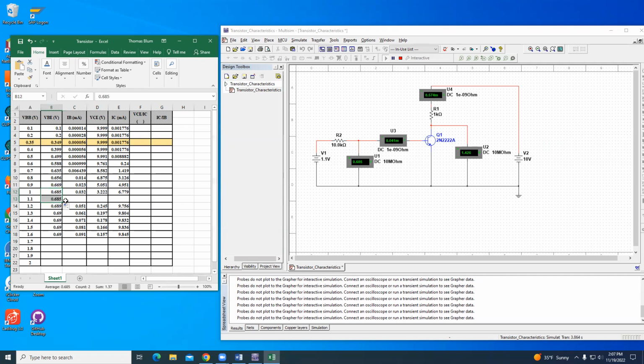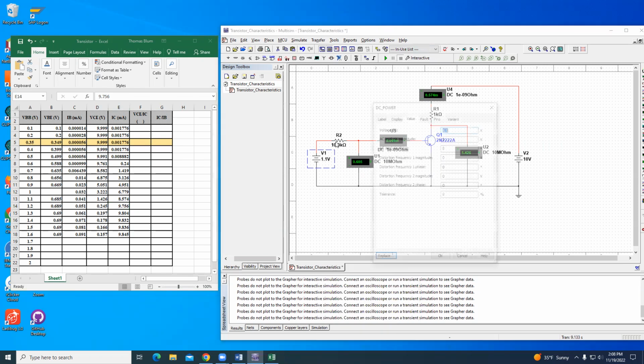I'm right now down here at, if I don't know, I will get back to, this was 0.041. Here the VCE is 1.426, and the current is 8.574.